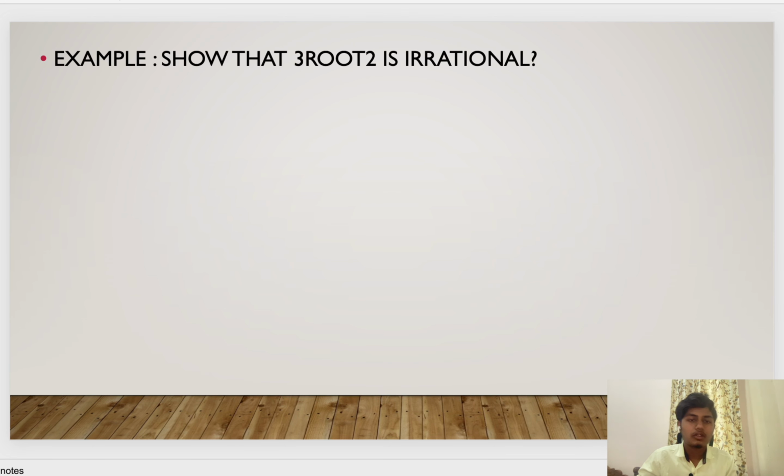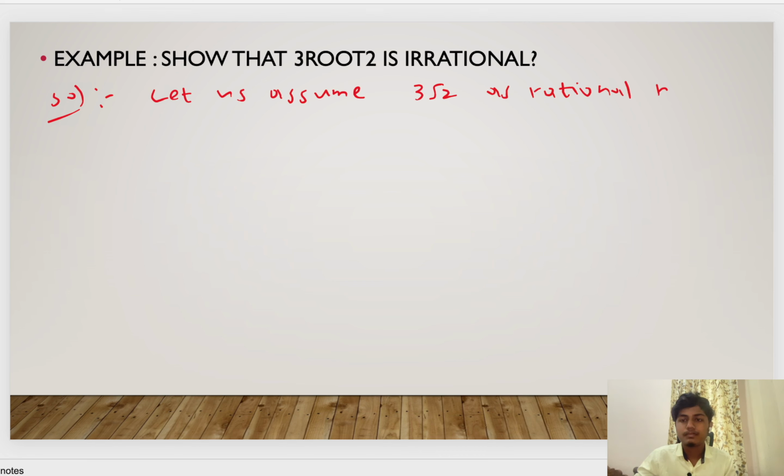So let us solve another example. Show that 3 root 2 is an irrational number. Let us assume 3 root 2 as a rational number. 3 root 2 can be written in the form of p by q, where p and q are integers and q is not equal to 0.